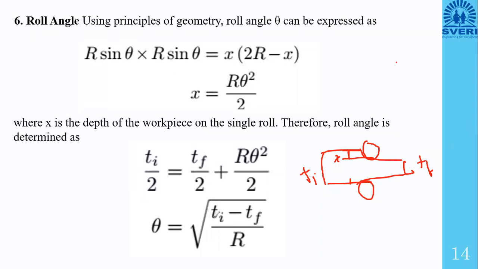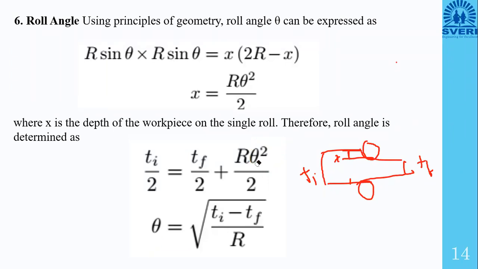If you calculate all these things, the 2 will get cancelled. So theta squared is (Ti minus Tf) divided by R, and theta is equal to the root of (Ti minus Tf) divided by R.